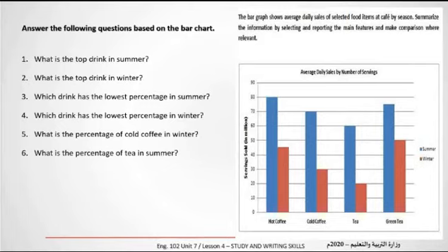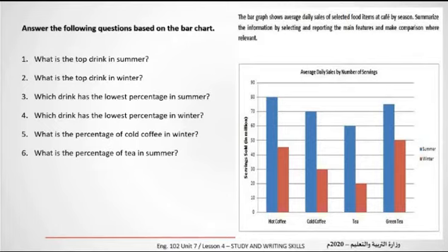So give me numbers for the answers. Ali Raed Abdi Ali says number 1 is hot coffee, 2 green tea, 3 tea, 4 tea, 5 30%, and 6 is 60%. Ammar Subhi says number 1 is hot coffee, green tea, tea, 30%, 60%.